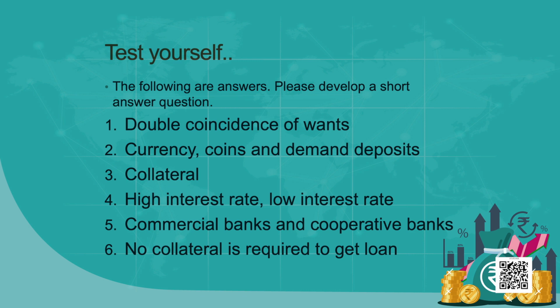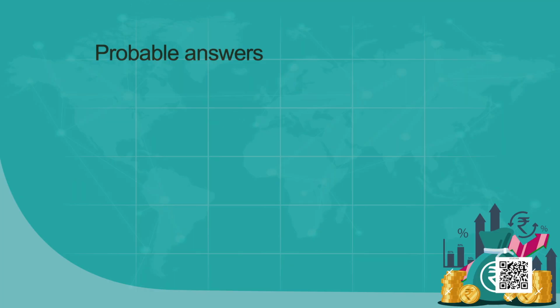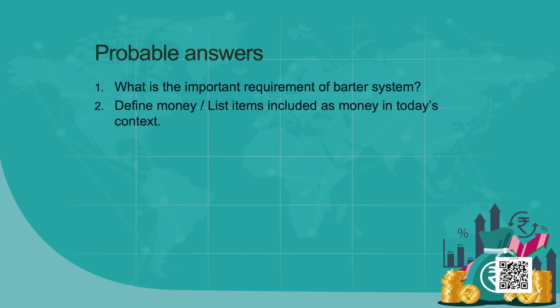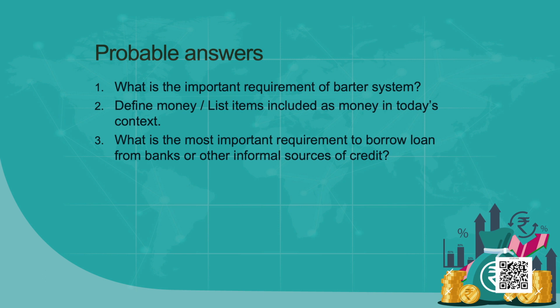I am also giving you here the probable questions. Let me read them out for you. Question number 1, what is the important requirement of the barter system? Question number 2, define money or list items included as money in today's context. Question number 3, what is the most important requirement to borrow a loan from banks or other informal sources of credit?